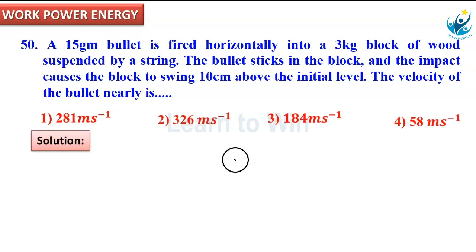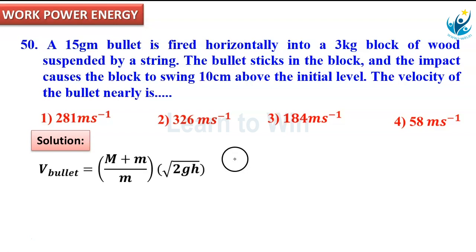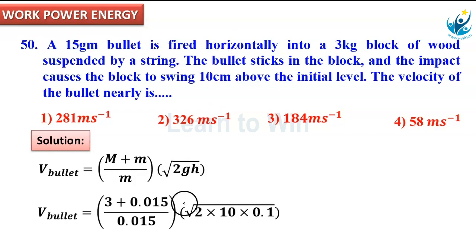Here first we have to apply the linear momentum concept, and then the total combined system rises to a certain height, so the work energy theorem. By applying that, we derived the formula for bullet velocity, that is capital M plus small m by small m into under root 2gh. What is capital M? Capital M is the mass of the block. What is small m? Small m is the mass of the bullet. h is the height raised, 10 cm. If we substitute all these, that is equal to 3 kg plus 15 grams.